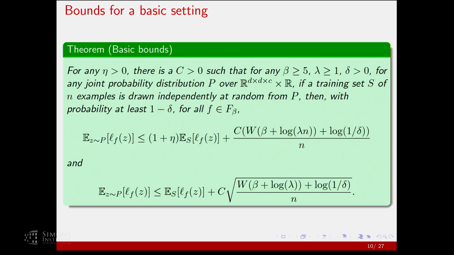So what we prove is that in this setting, with high probability, the difference between expected error and empirical error is bounded by this value, which is linear in the number of parameters, linear in the upper bound on the distance to initialization, and has logarithmic dependence on lambda, the Lipschitz constant corresponding to the loss function that you have.